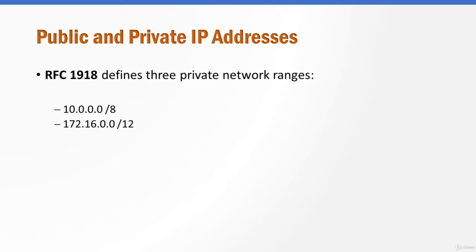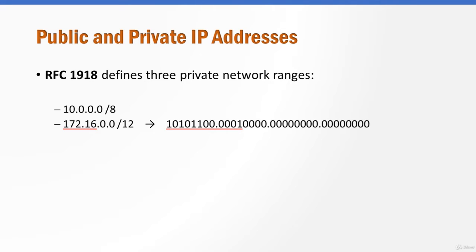The next one is 172.16.0.0/12. Now it's not that easy to differentiate between octets when we talk about this mask, so I'm going to show it here in binary format. This is not really correct, because this would be /16, the way it's shown here, but it's correctly shown in this binary representation.